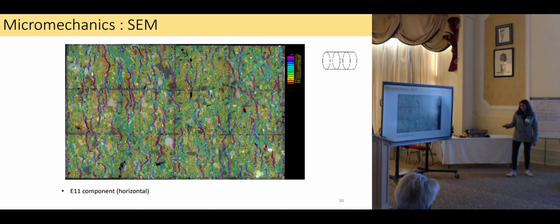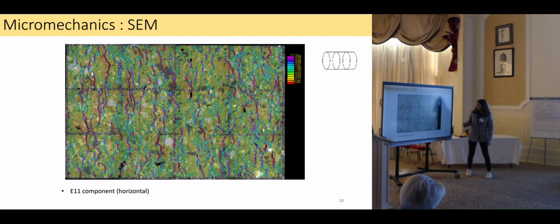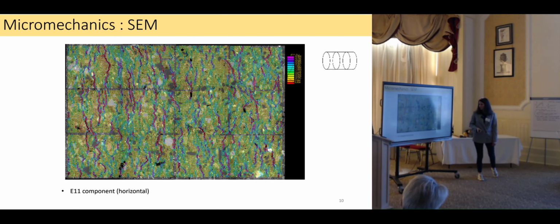The pinkish colors show the strongest compaction. In the case of clay-rich shale, whatever you want to call those, the compaction localizes mostly in the bedding.